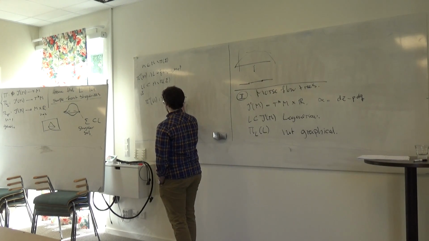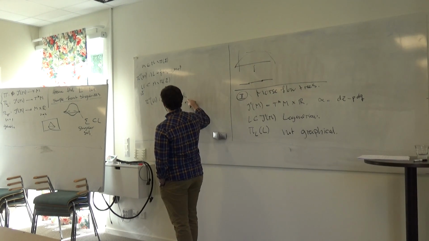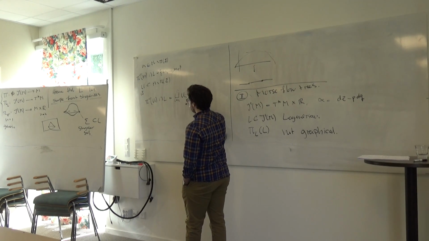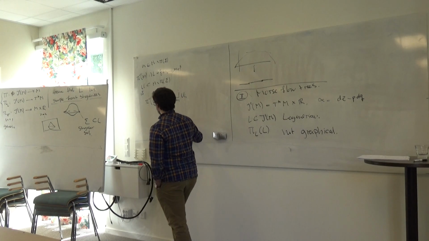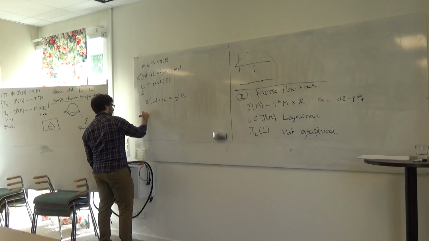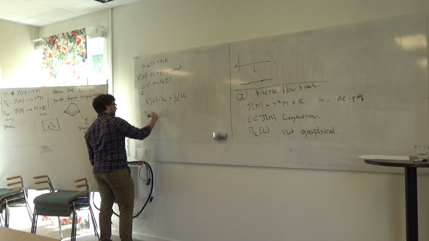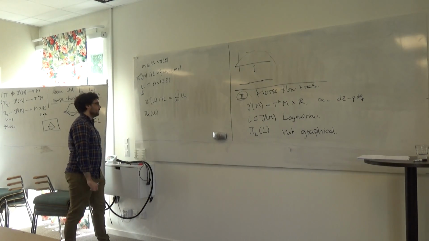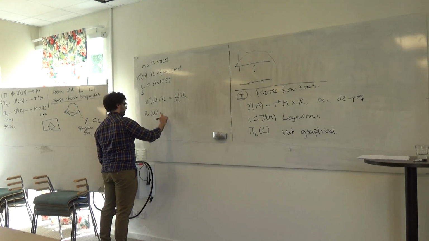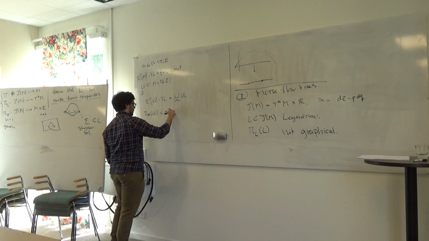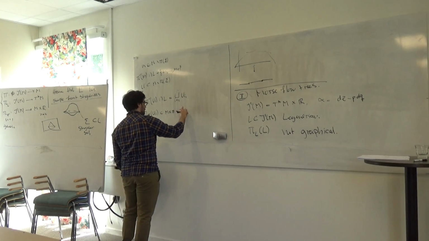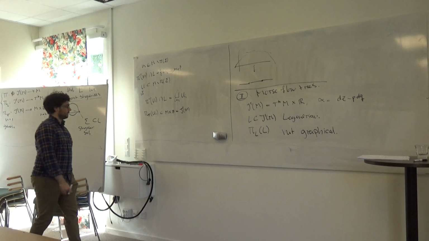Around each point we pick a neighborhood and look at the disjoint union of these U_i. The key point here is that the front projection of any of these neighborhoods lies in M cross R, which is the zero jet space.